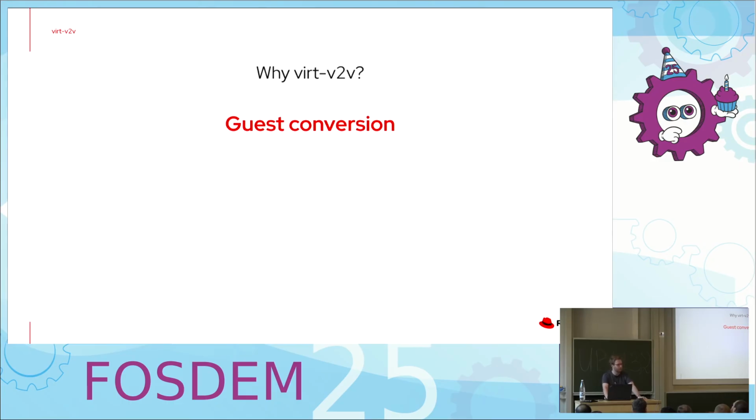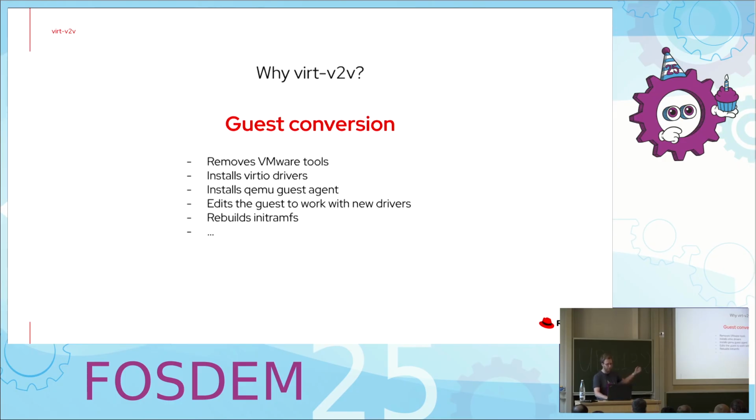The VMs running on VMware have their own drivers, their own devices, and we want to use the proper QEMU tools and virtual drivers. So what virt-v2v is doing, it removes the VMware tools, installs the virtual drivers, installs the guest agent, and does a lot of editing inside a VM and configurations. It even rebuilds the initramfs and many more.